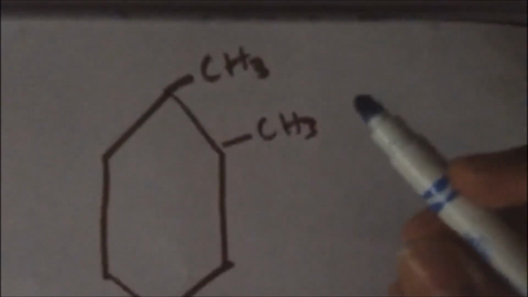The first step is to number each of the points of the benzene. Why? Because in the moment that we name the compound, we need to know the position in which these hydrocarbons are. Like this: 1, 2, 3, 4, 5, 6.